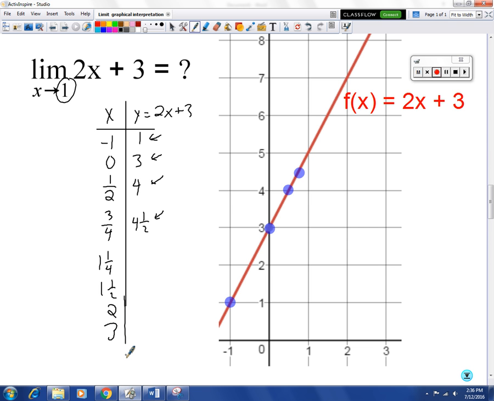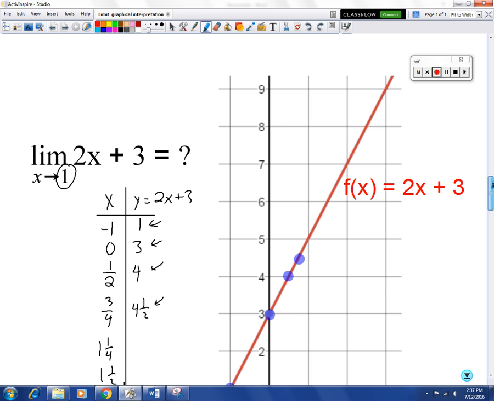Let's start at 3. Okay, when I substitute 3 into x, 2 times 3 is 6, plus 3 is 9. Okay, so way up here past my 8. Okay, you can see it up here. So that's our point.